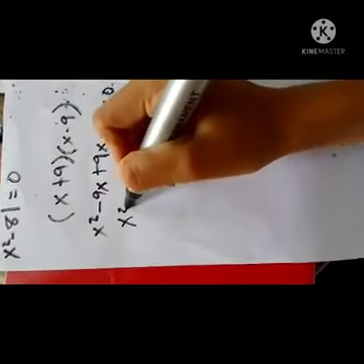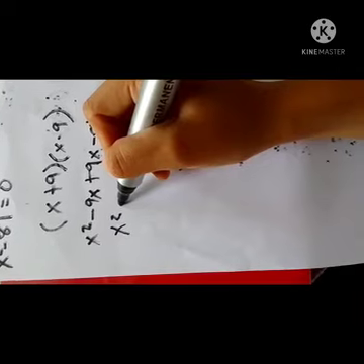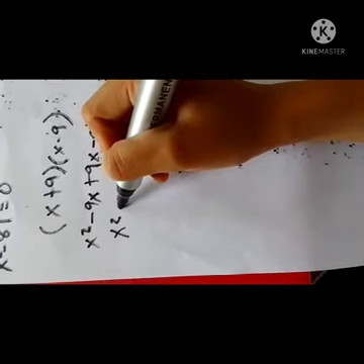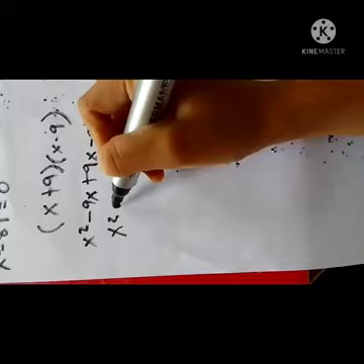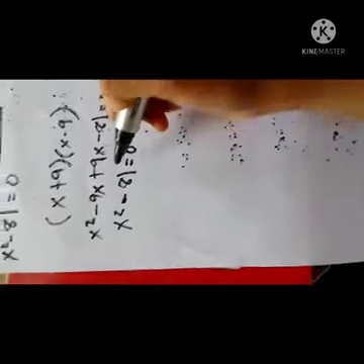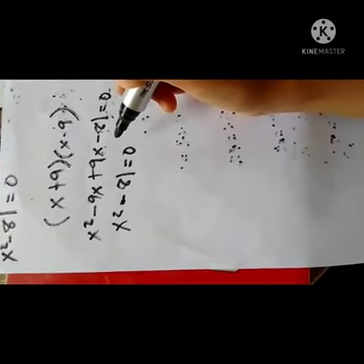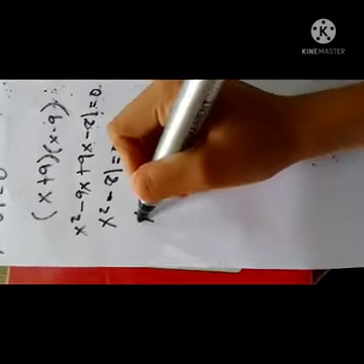So x squared minus 9x plus 9x is 0, then copy the negative 81 equals 0. So x squared minus 81 has the factors x plus 9 and x minus 9.